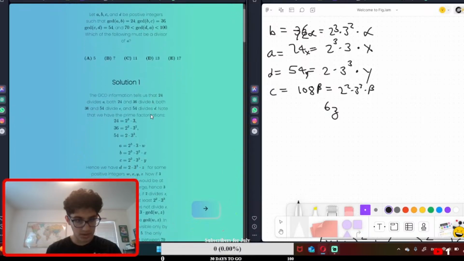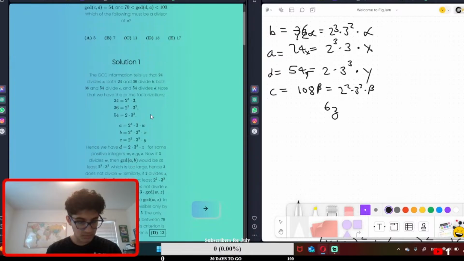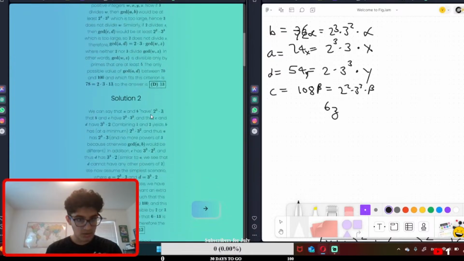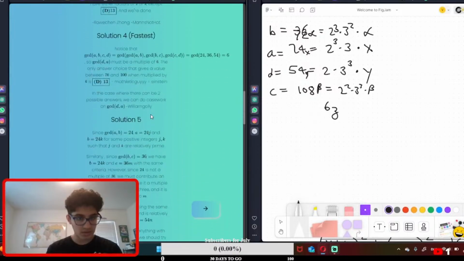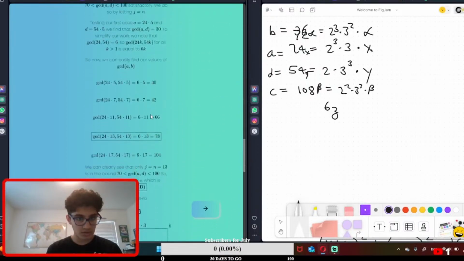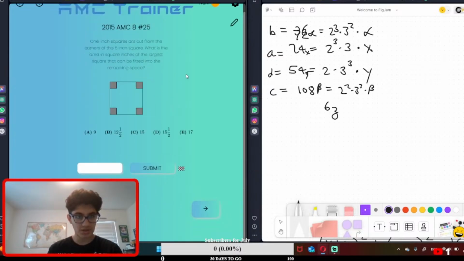Okay, I'm going to take a look at the solution here. Okay, and then it seems that the GCD of B and C was just like a trick there.